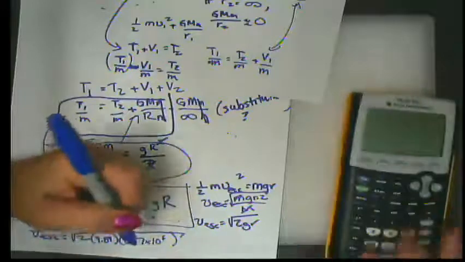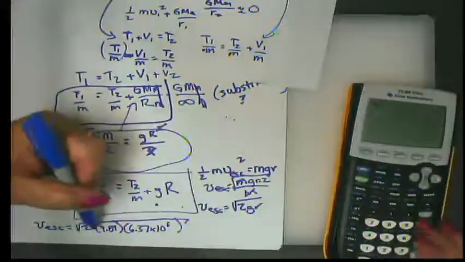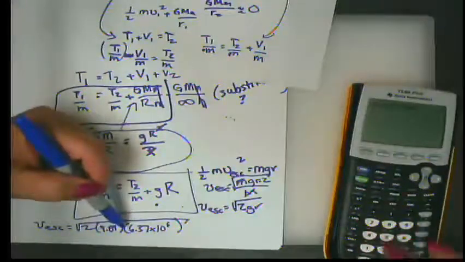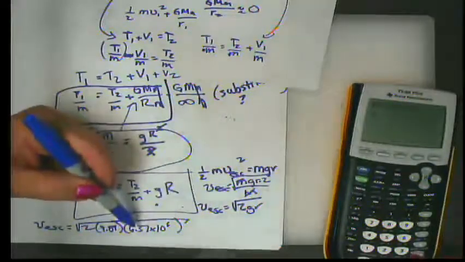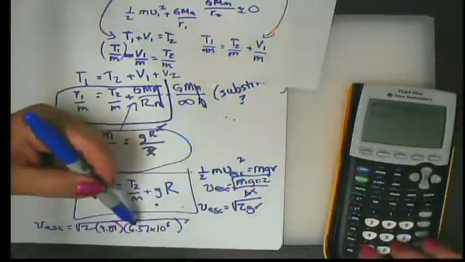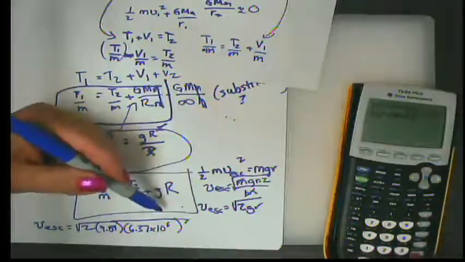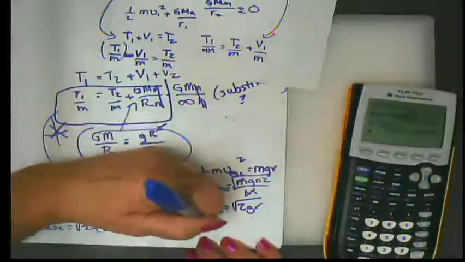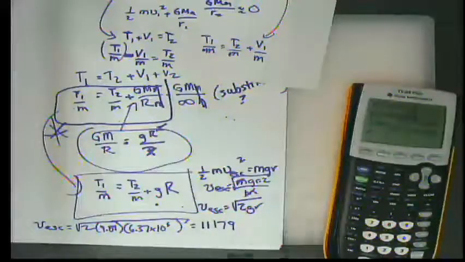Okay. Still don't like this problem, but, well, we're here. We might as well finish it off, right? And Logan's insight actually validates moving forward. And that number turns out to be 11179.4.